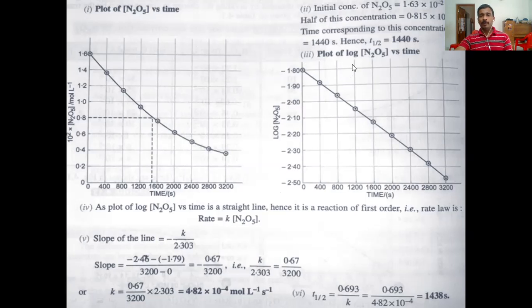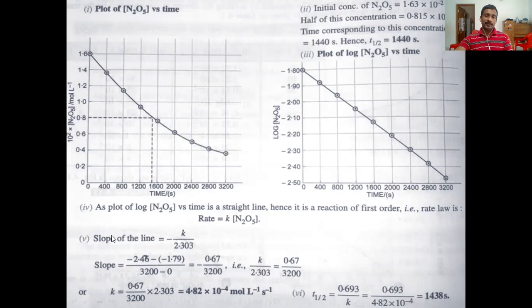Now third, plot of log N2O5 versus time. Log N2O5 plotted against time, you are getting a straight line graph. And fourth, as the plot of log N2O5 versus time is a straight line, the reaction is a first order reaction. Therefore, rate law: rate is equal to K into concentration of N2O5.